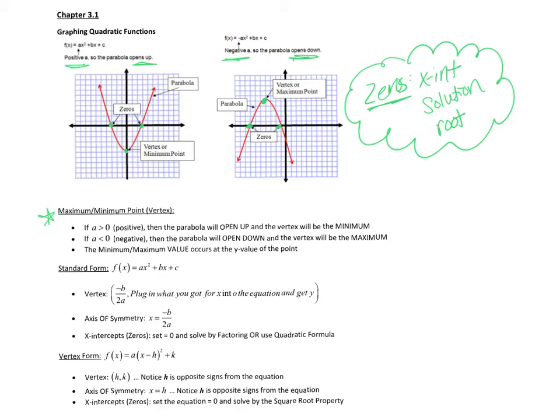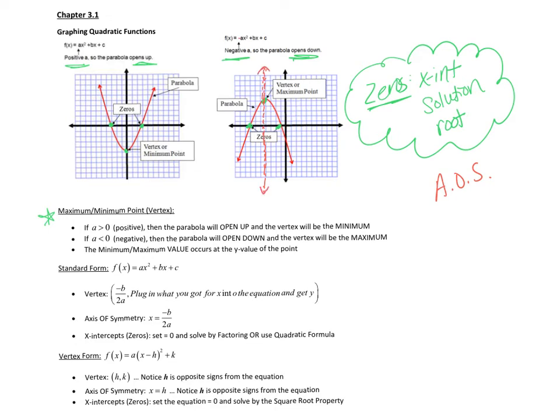Now, another thing that we can determine here is the axis of symmetry. Sometimes we call it the AOS. The axis of symmetry is the line that goes through the center, or as we can see, it's going through that vertex.